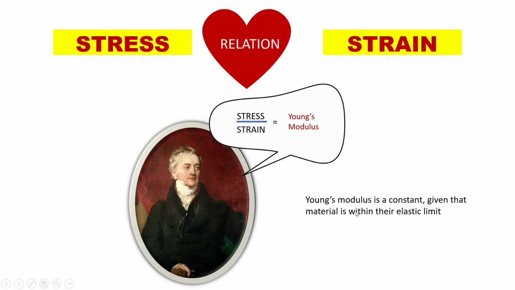He discovered that if we divide stress by strain, that is Young's modulus. So basically, he wanted to say that if you divide stress by strain, it will be constant. That's all he wanted to say. Stress by strain is a constant, and the constant you can name it with my name, Young's modulus.